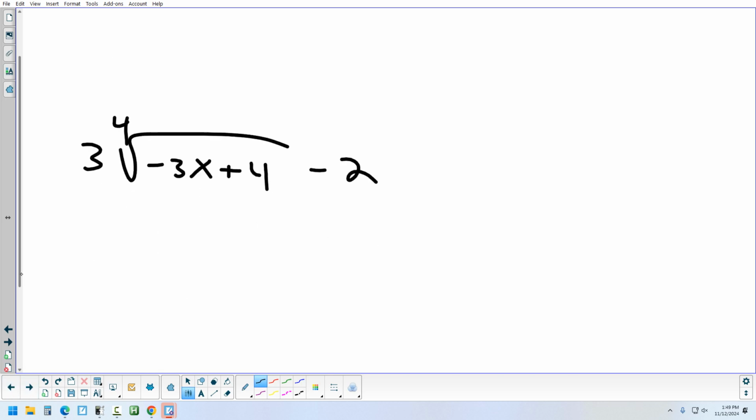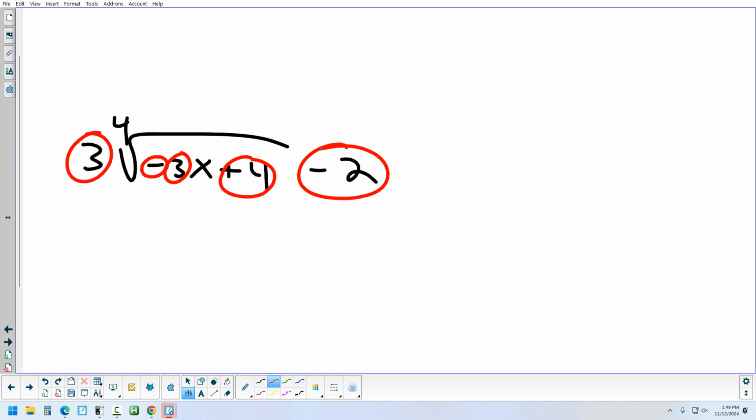Okay. How many transformations did we say are happening here? 5. 1, 2, 3, 4, 5. Almost every transformation that you could have. There's 6 total. This one doesn't have the vertical reflection. You need a negative in the front.